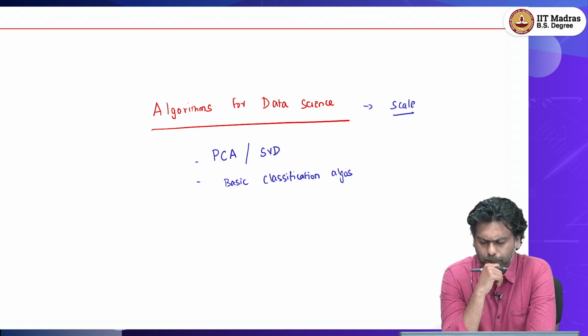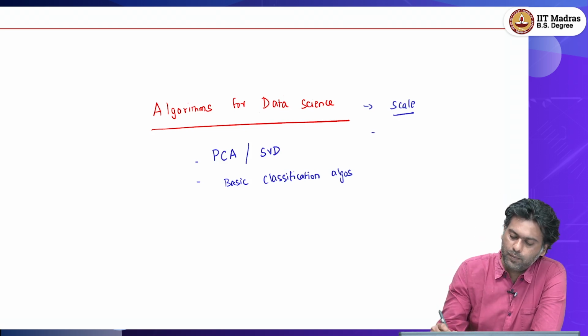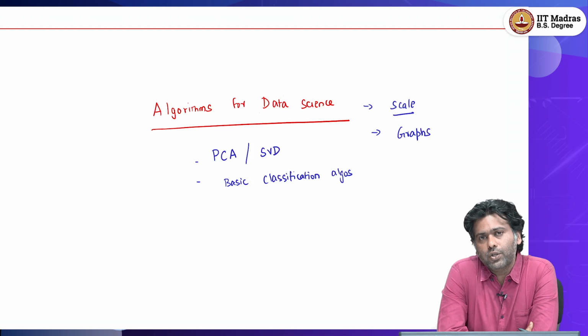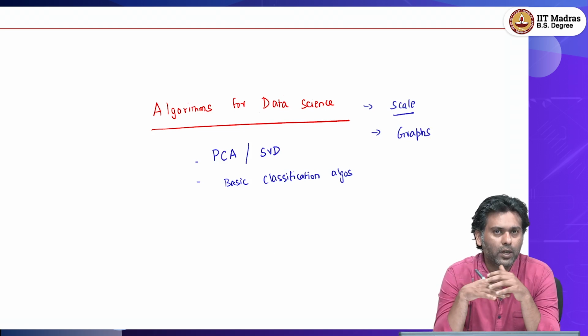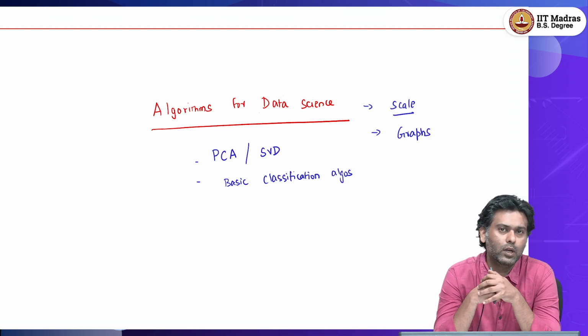There is another thing which we will concentrate on in this course, which is graphs. Graphs are data structures to store information and relationships among data points, and graphs occur naturally in several machine learning based algorithms.